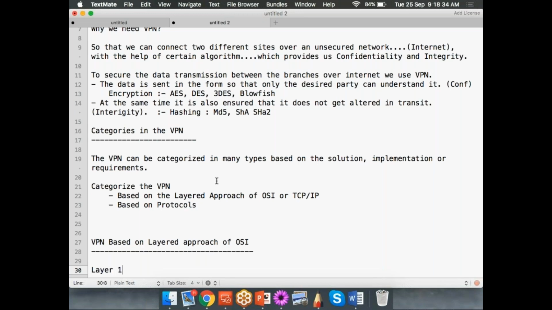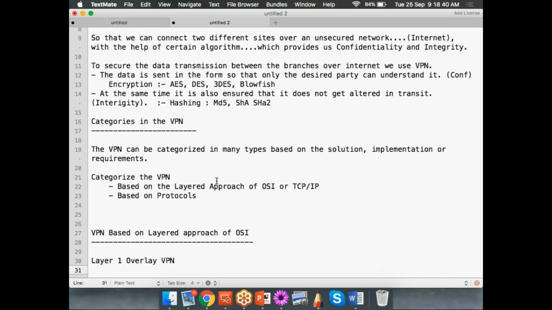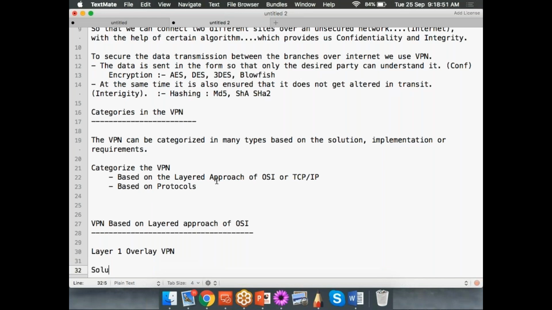So at layer 1, which is your physical layer, overlay VPN we have. Now what I mean by that, let's understand. Here at layer 1, what we can do to secure the two sites, the solution is we can go with leased lines. Heard about it?